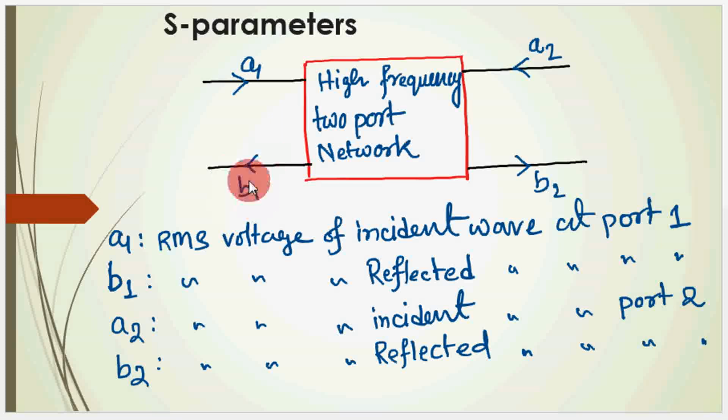It means that B1 is reflected from port 2. Like it's a voltage, it is appearing over here, the reflected voltage, right? You can also show here the B2 in the opposite direction of A1. Similarly A2 is the RMS value of the incident wave at port 2, and B2 is the RMS value of the reflected wave at port 2.